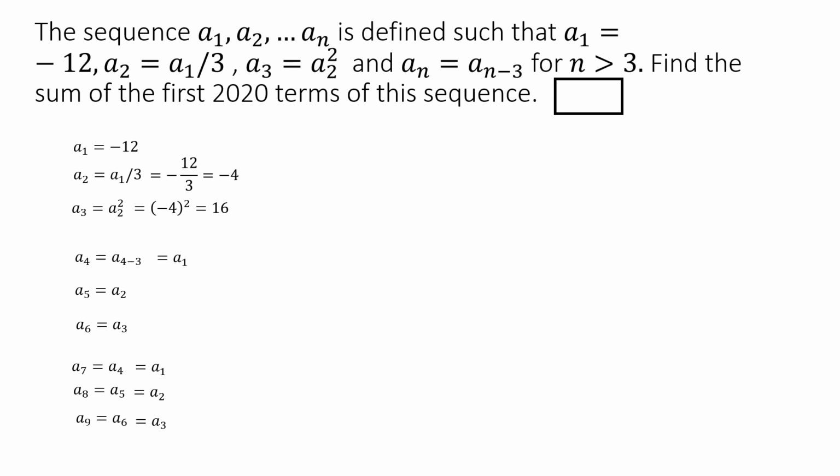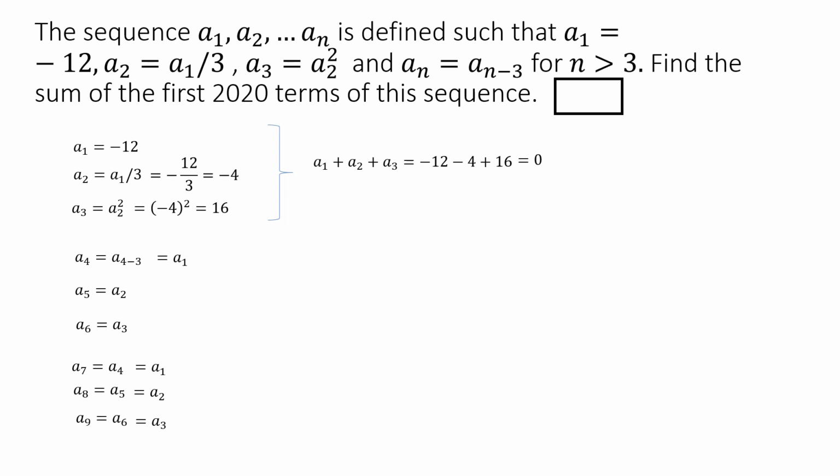Now, this is itself an interesting pattern, but what makes this problem really easy to solve is further noting that if we take the sum of these three terms, A1, A2, A3, which seem to be repeating throughout the sequence, A1 plus A2 plus A3 becomes minus 12 minus 4 plus 16, which is simply 0.